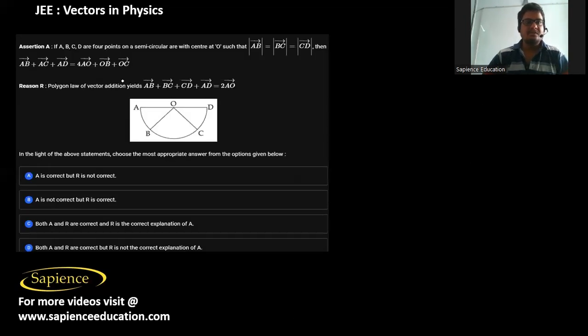Then here it is told, if A, B, C and D are 4 points on a semicircular arc with center O, such that magnitude of AB vector equals magnitude of BC vector equals magnitude of CD vector, then AB plus AC plus AD will be equal to 4 OA plus OB plus OC.